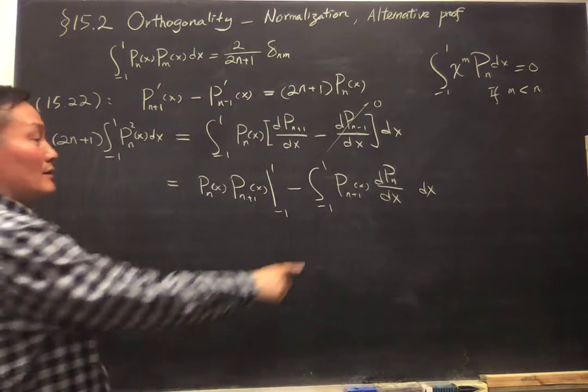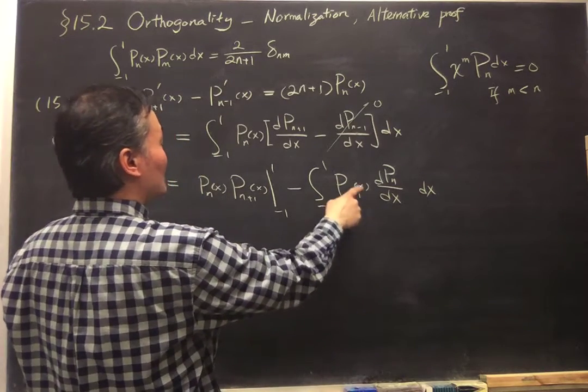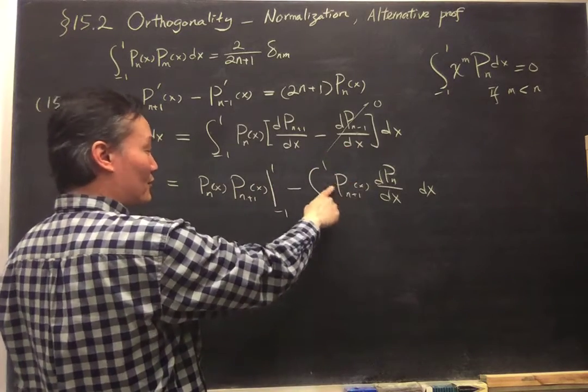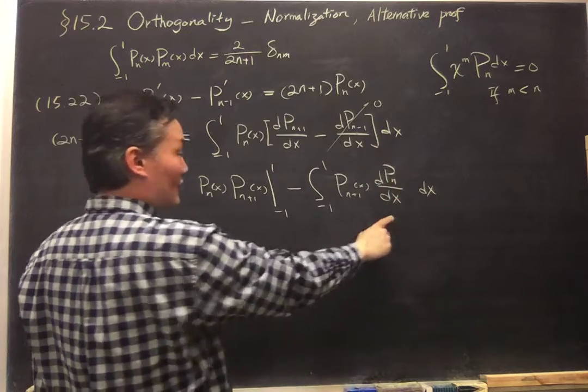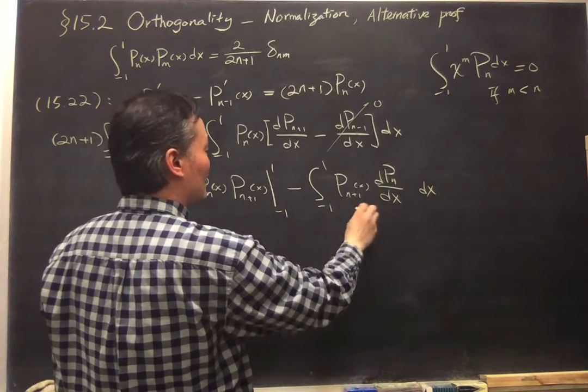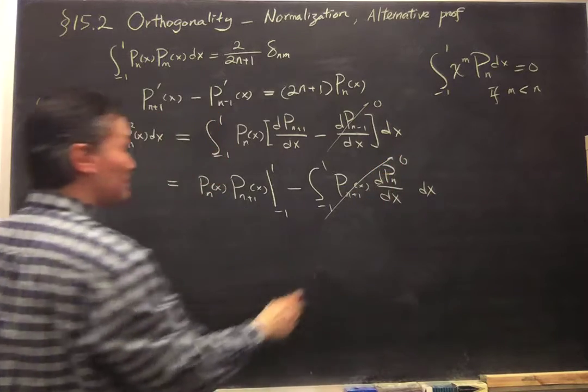Now this second term is 0 for exactly the same reason that the previous term is 0, because this is Pn plus 1 times the derivative of Pn.